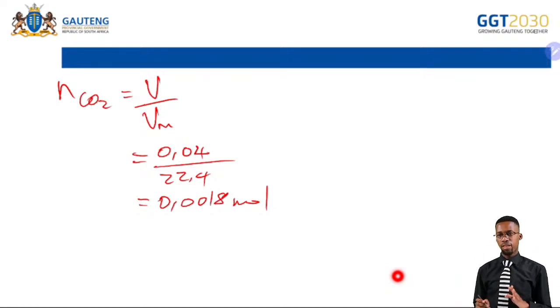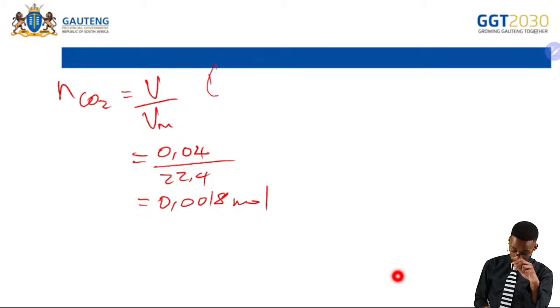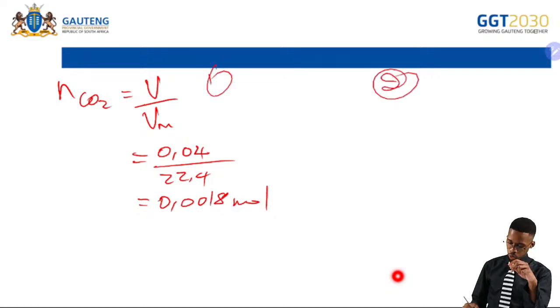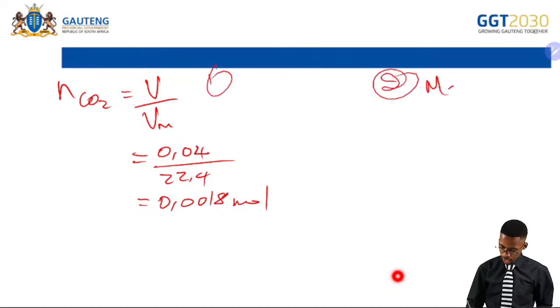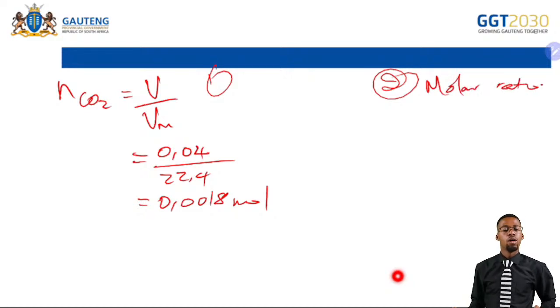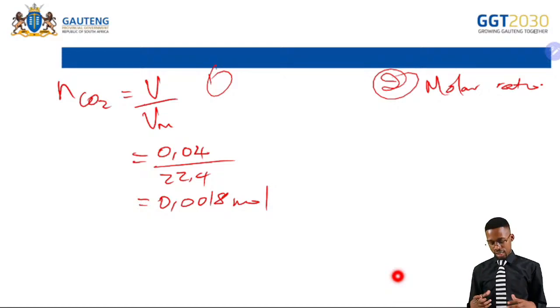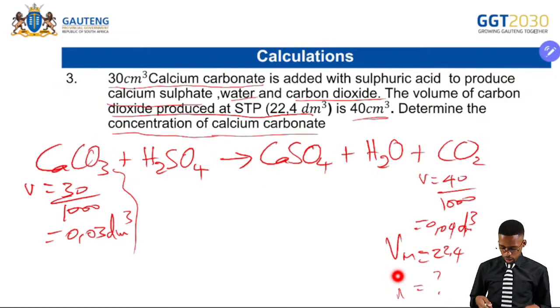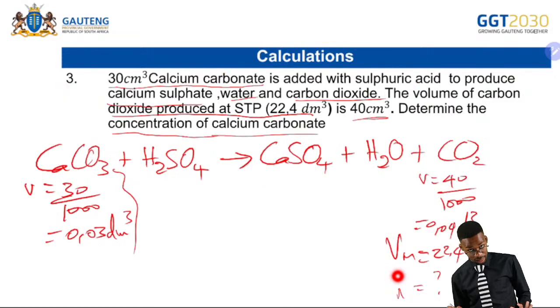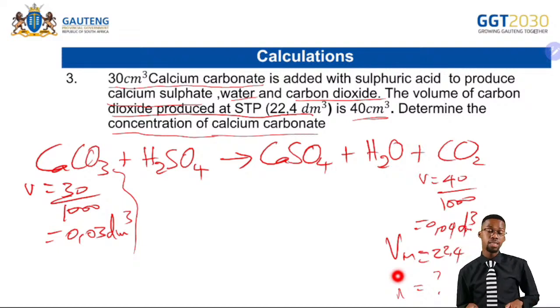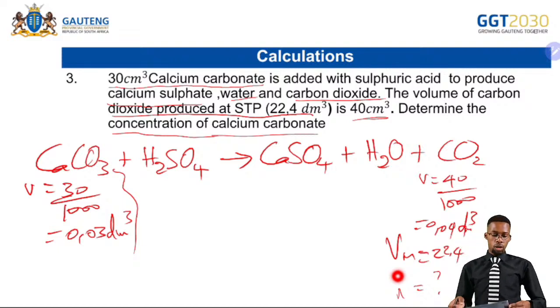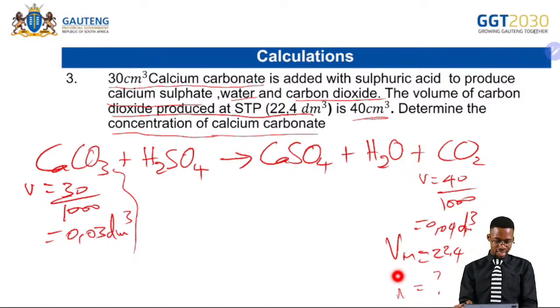Now that we have the number of moles of carbon dioxide, we go to step 2. So this is step 1, and now we go to step 2, which is use molar ratio. When we talk about molar ratio, let's look at this equation. It's balanced. So the number in front represents the number of moles.